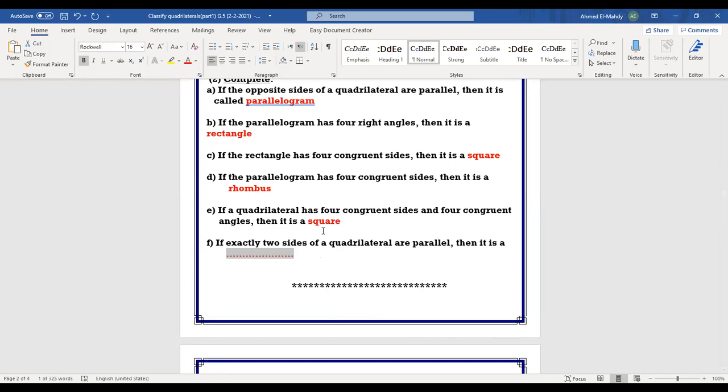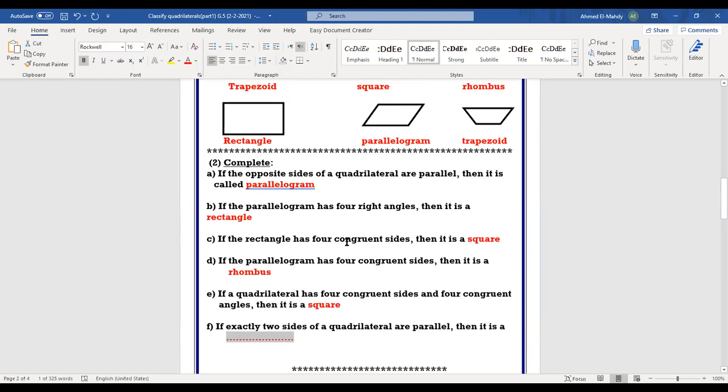In the rectangle, in the square, in the rhombus, in the parallelogram, each two opposite sides are parallel. But here is my question: which quadrilateral has only one pair of parallel sides?